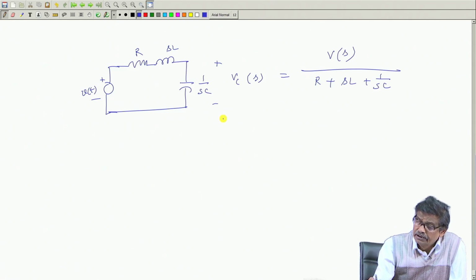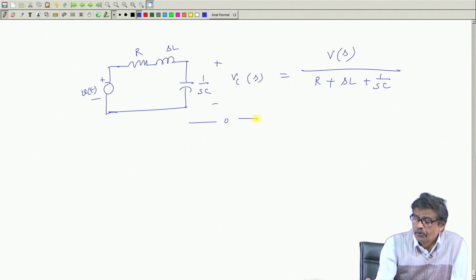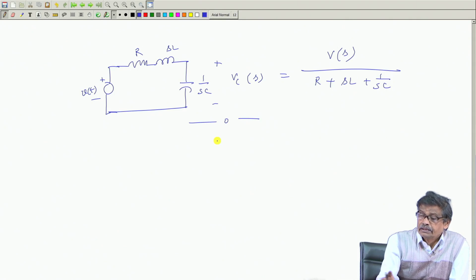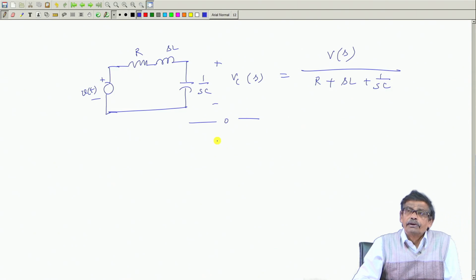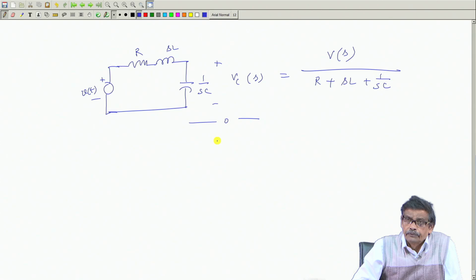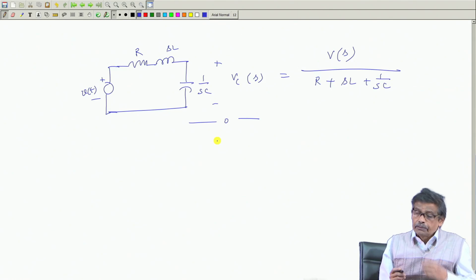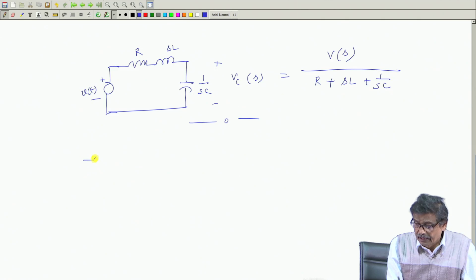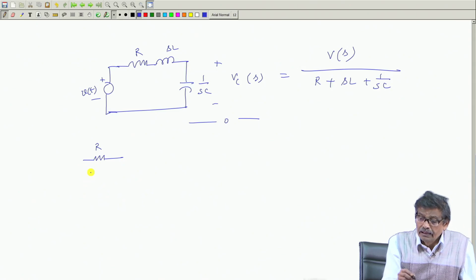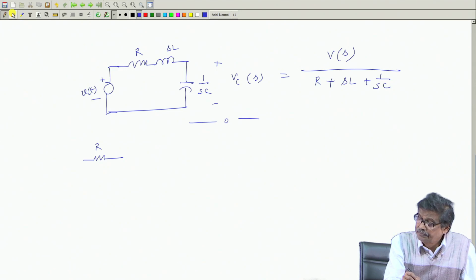And the last thing I will tell in this lecture is about what happens. This sort of analysis you can always do provided the initial conditions are 0, I told you. Now, I will tell you what is going to happen. Suppose I have an RLC circuit in S domain, I need not draw it further.